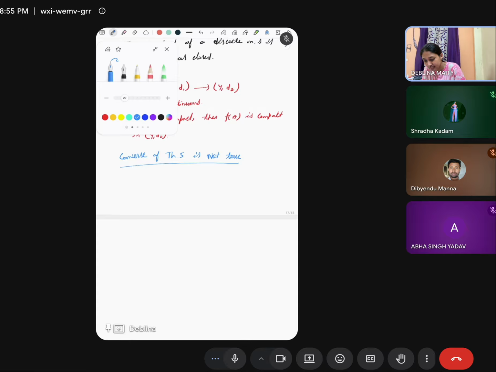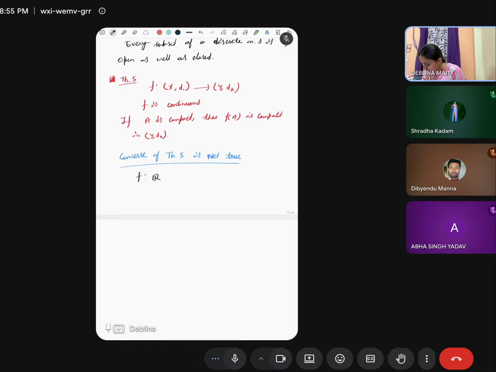So take this function f from R to R, say (R, d) to (R, d star), where d star is the discrete metric, and d is any metric.